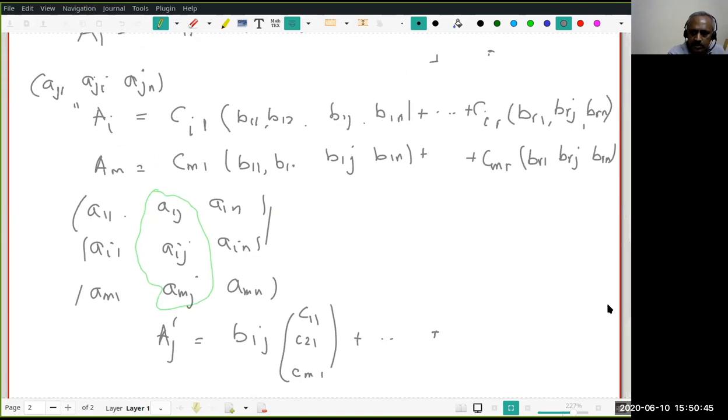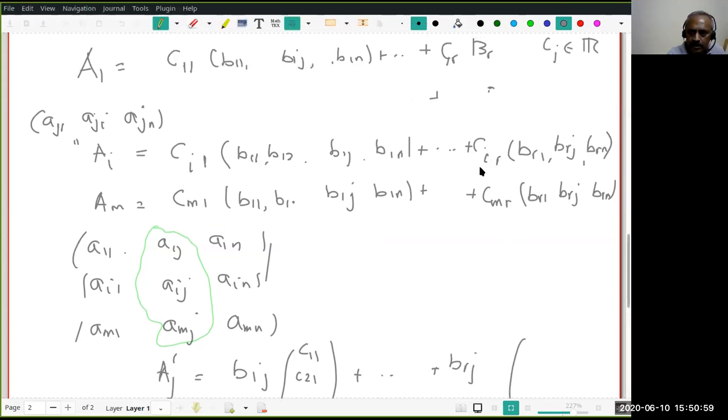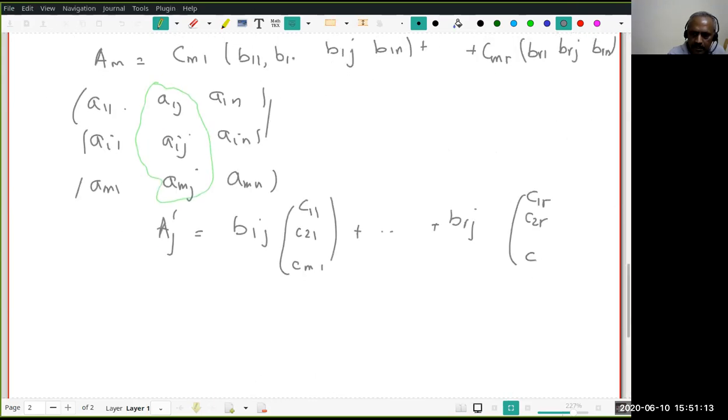The last one is going to be b_rj, which is common, therefore it's b_rj times c_1r, c_2r, c_mr. Do you accept this? Very good.